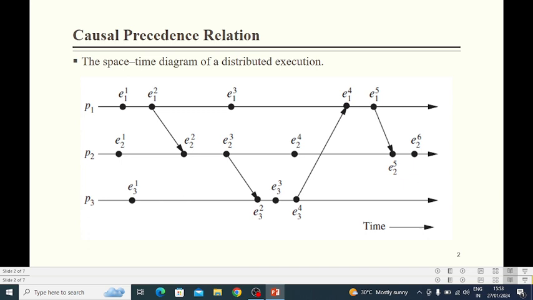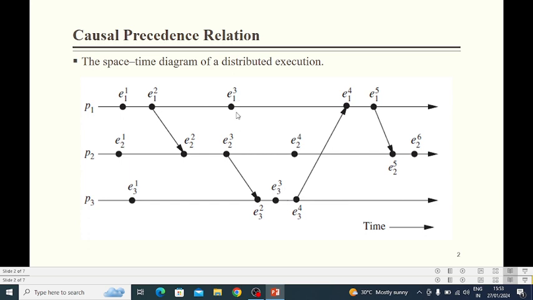Let's check whether any message arrow or process line segment is available between these two events. From the third event to the fourth event, we have a process line segment, but we don't have a message arrow from the first process to the third process.